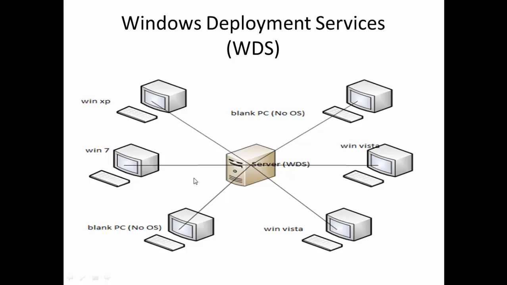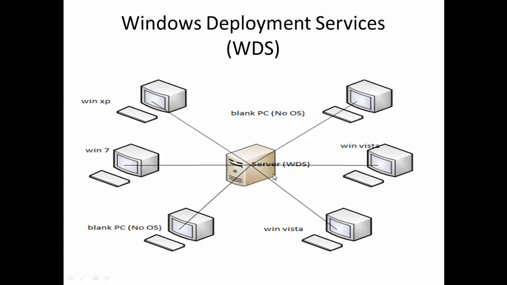All you need is an image of that software, and from your server you can install the image on any computer you wish. This is the advantage of Windows Deployment Services.